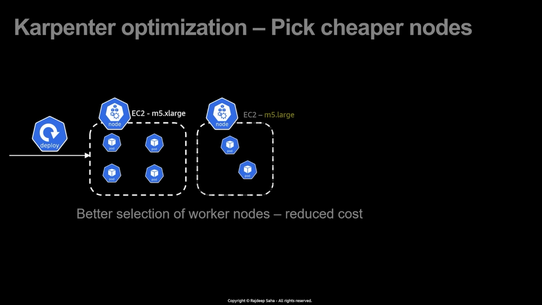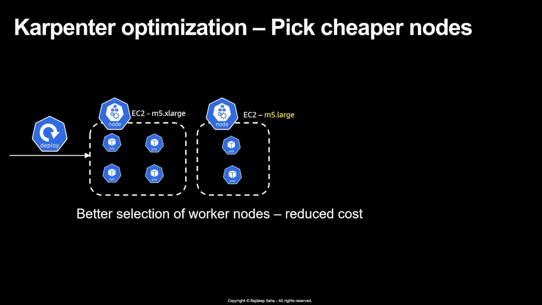So Karpenter is smart enough that it actually creates a new EC2 instance, M5.large instead of M5.extra large, and then it puts those two pods from two larger instances into this newly provisioned instance. So in this case, Karpenter is getting rid of both the nodes and launching a node half the size to accommodate both pods. So a better selection of worker nodes leading to reduced cost.